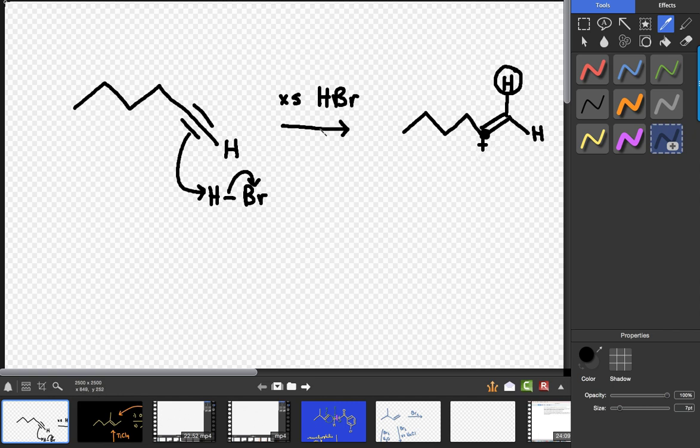And so this is a proton transfer, and then Br minus is the nucleophile that's going to react with this highly reactive carbocation intermediate.